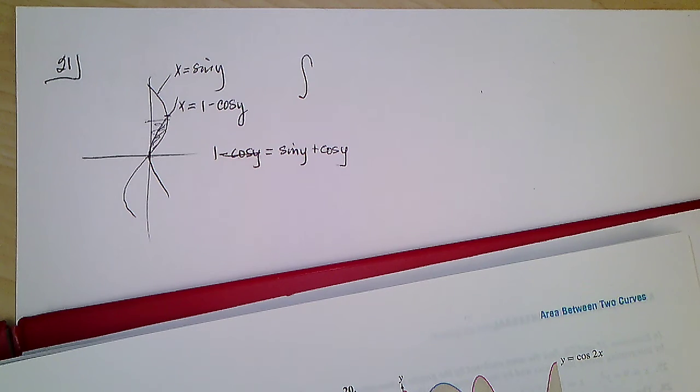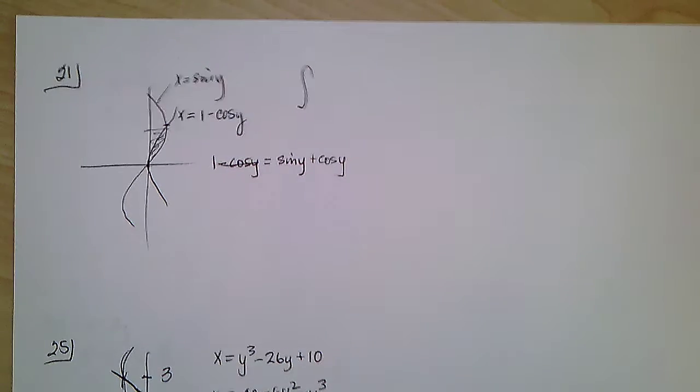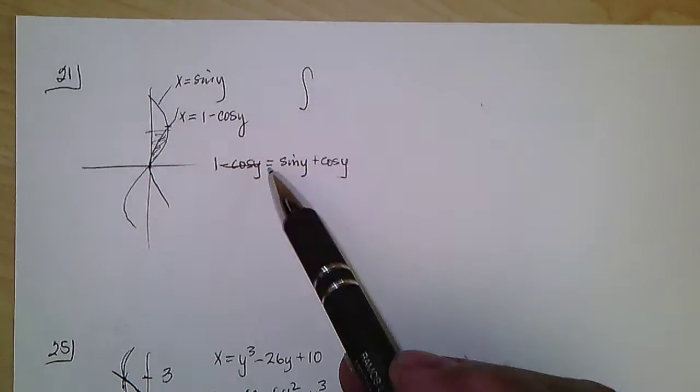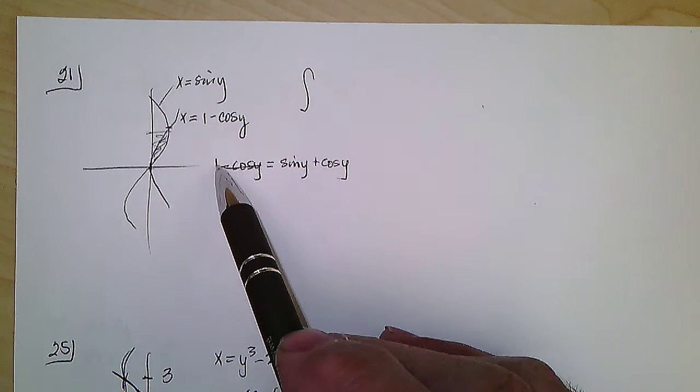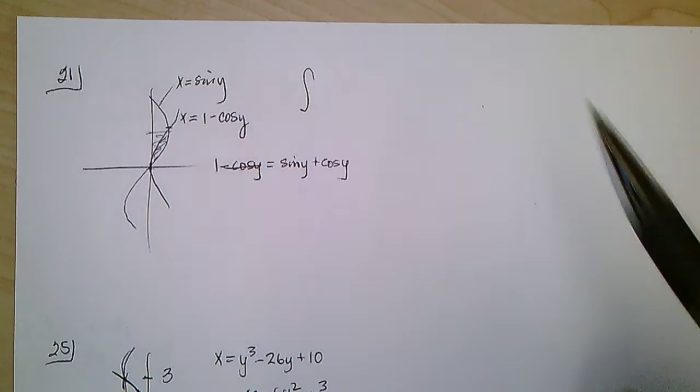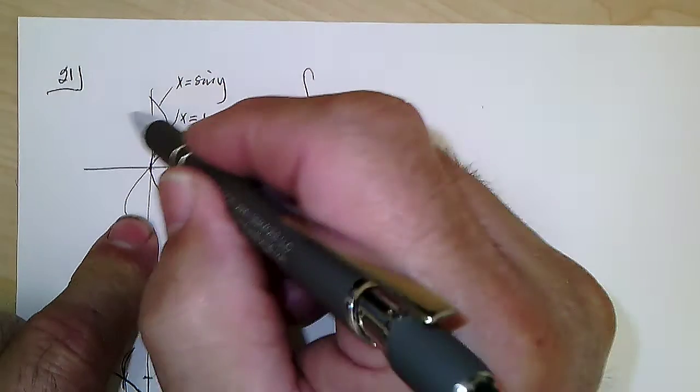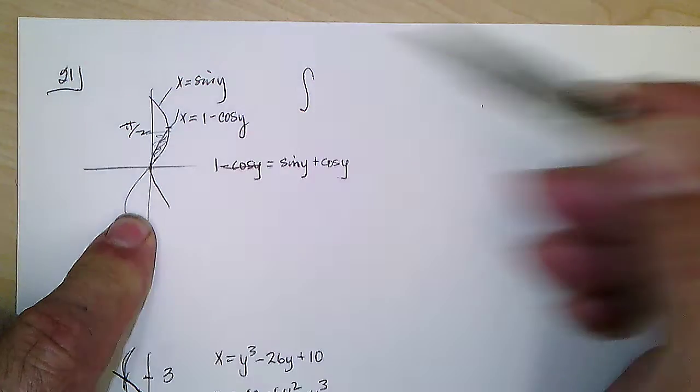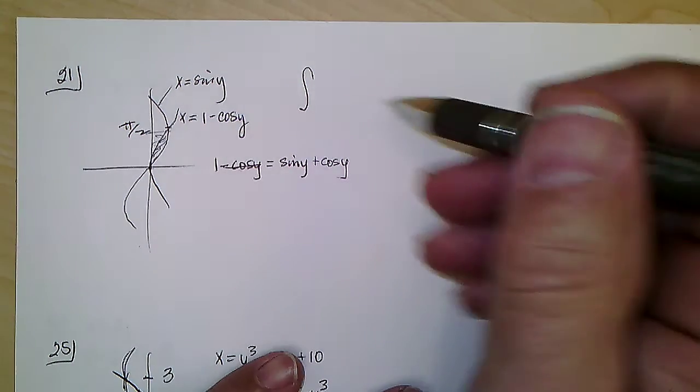Pi over 2. Let's see. At pi over 2, the sine is 1 and the cosine is 0, so 1 minus 0 would equal 1. So yeah, at pi over 2. Yeah, that should have been obvious, and I didn't catch it.